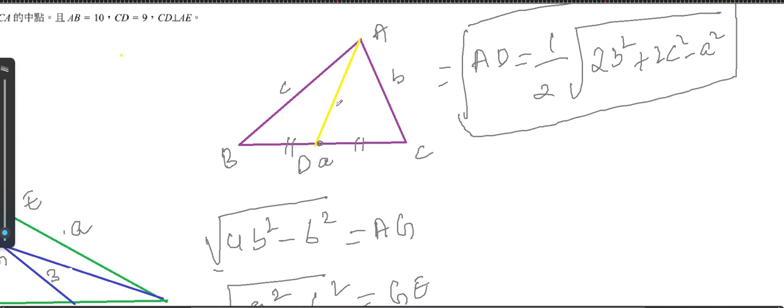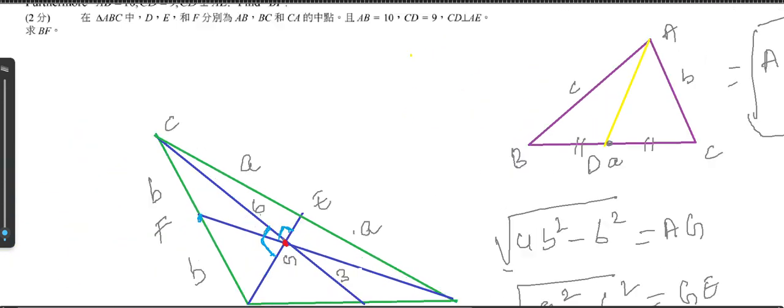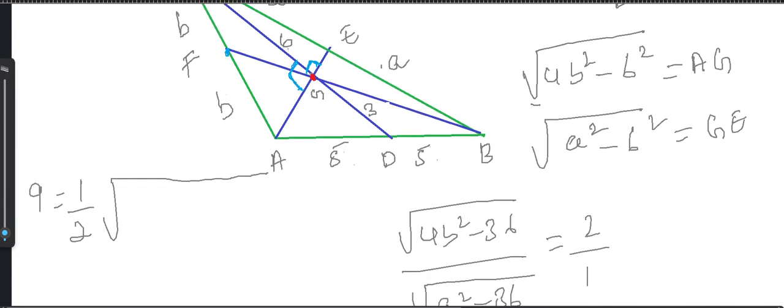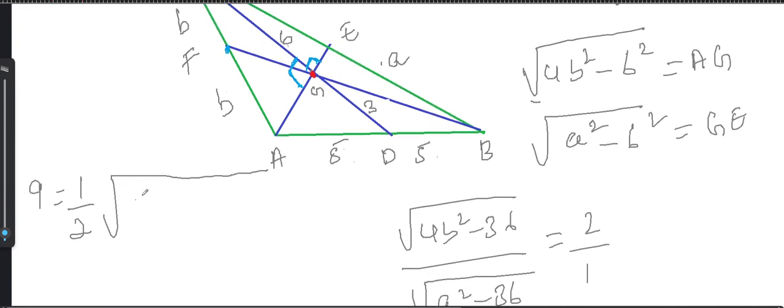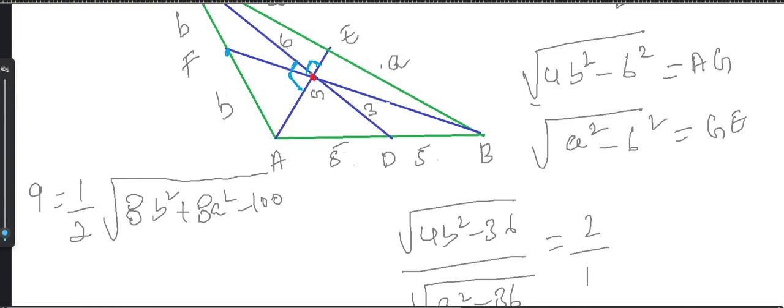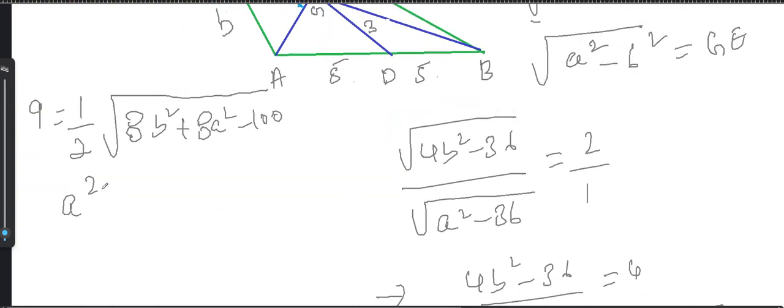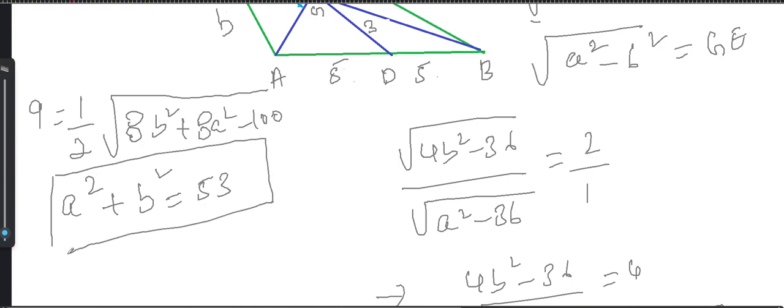The side opposite to the vertex is going to get the negative symbol here. So putting all the things together, 9 is equal to 1 by 2 square root of 8 times b square plus 8 times a square minus 100. After careful manipulation, this leads to a condition a square plus b square is going to be equal to 53. This we will call condition 2 here.